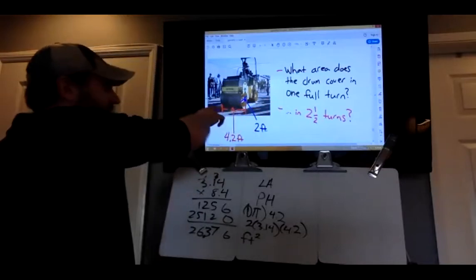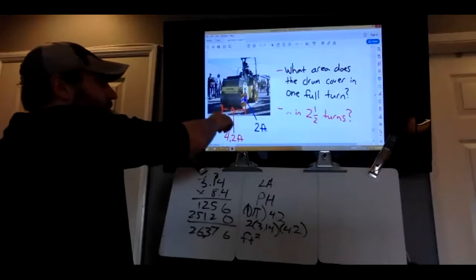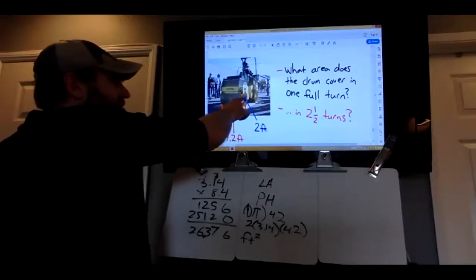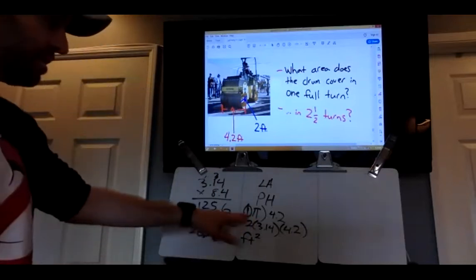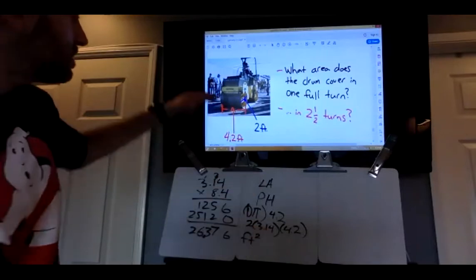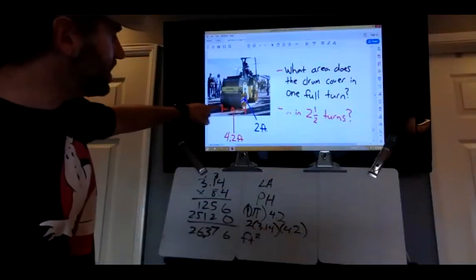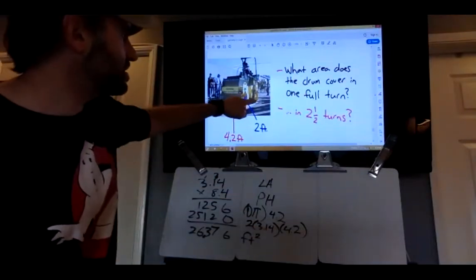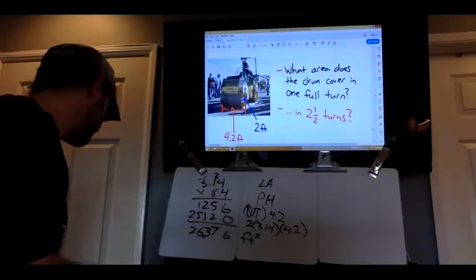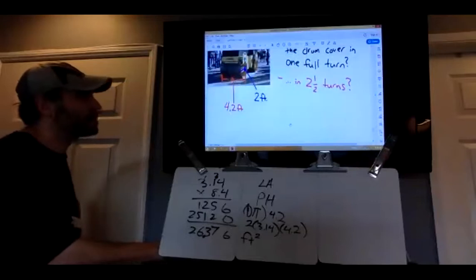And then across is the height of it, the 4.2. So this circumference you can find with the diameter times pi, and that's what I did here. The diameter was 2 times pi times this. Basically finding the area of the rectangle is actually what you're doing there. Okay? All right.